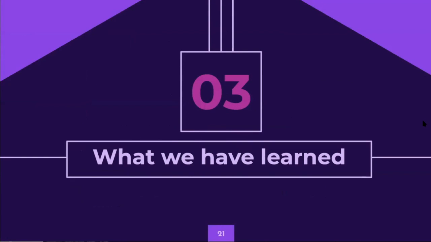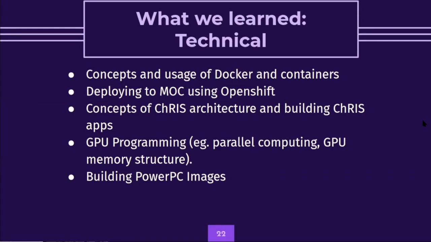And now we'll talk a little bit about what we learned this semester. Firstly, the technical things that we learned. All of us learned a lot about how to use Docker, how it works, especially to build containers and run them for our project. We also learned a lot about how to deploy containers to the MOC using OpenShift.